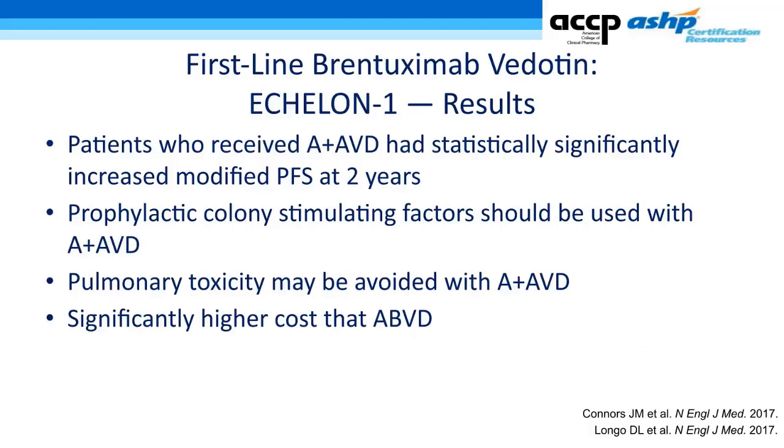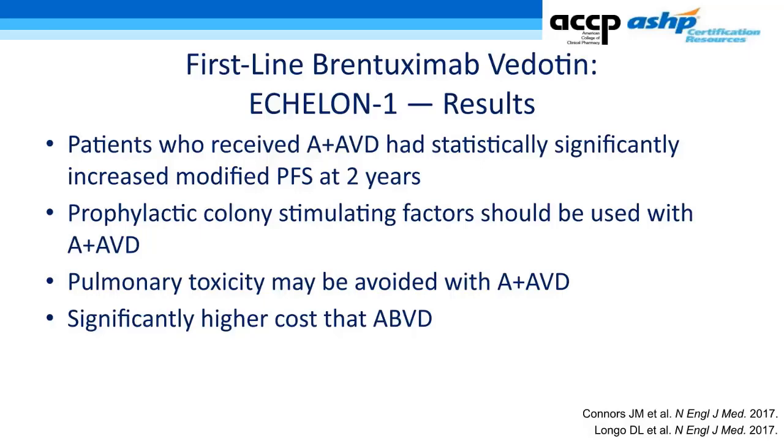So the authors of the Echelon 1 trial concluded that patients who received A plus AVD had a statistically significantly increased modified progression-free survival at 2 years, and that this regimen should be considered the frontline option for classical Hodgkin's lymphoma. However, there was, shall we say, a lot of concern about the use of this modified progression-free survival as an endpoint.